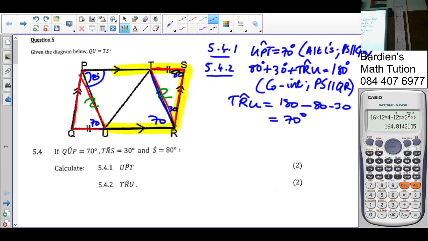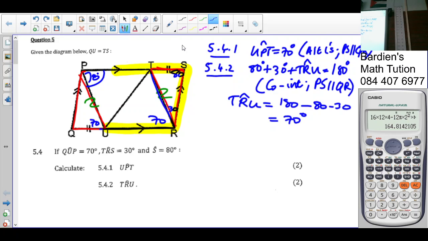if you were in the exam and you got 70 degrees here and your reason was "opposite angles of a parallelogram are equal", how many of the 2 marks do you think you're going to get? Nothing.